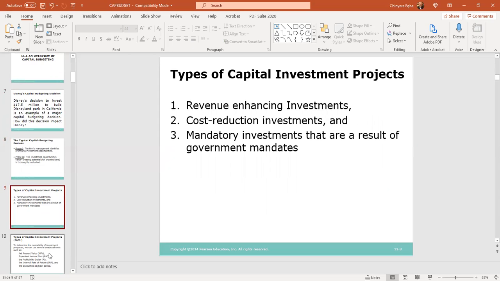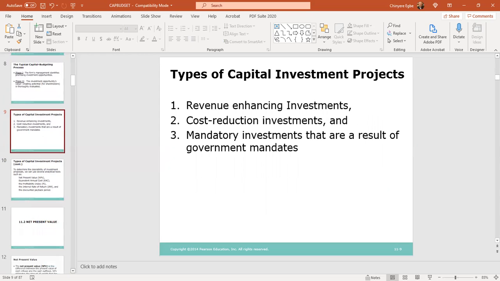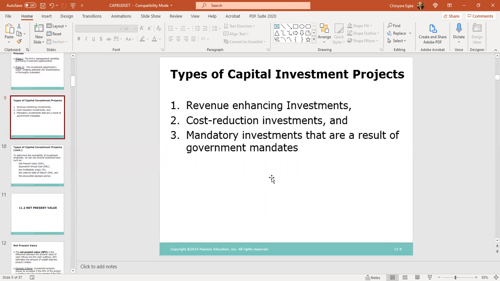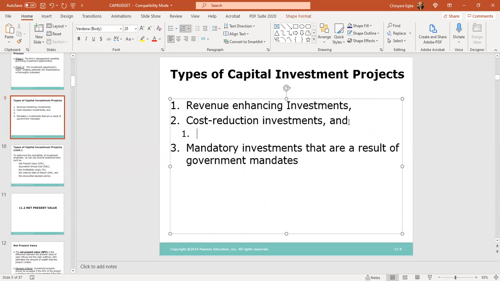All right. So you have different kinds of capital budgeting problems. You have capital budgeting problems that enhance investments that you add to what you're already doing. There's also capital budgeting that addresses cost reduction. And what do we mean by cost reduction? Now think about, for example, the cost of maintaining old equipment.